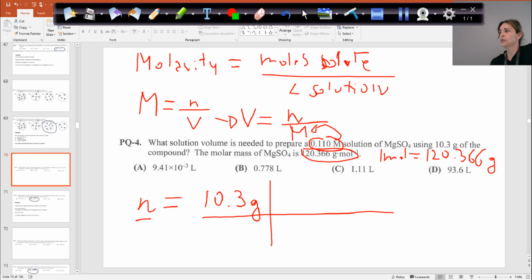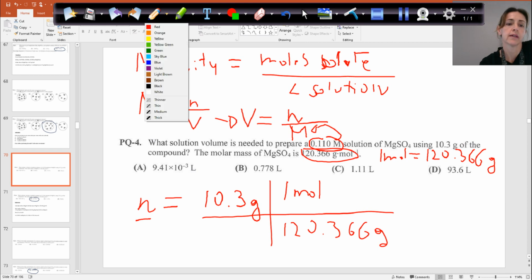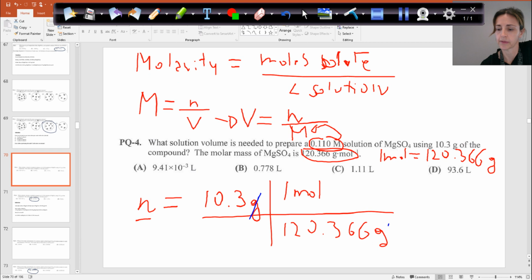I need to put the unit I want to get to on top, and the other unit on the bottom so it cancels, correct? So it would be 1 mole over 120.366 grams. So the unit cancels.